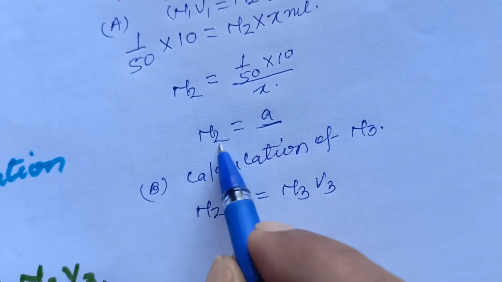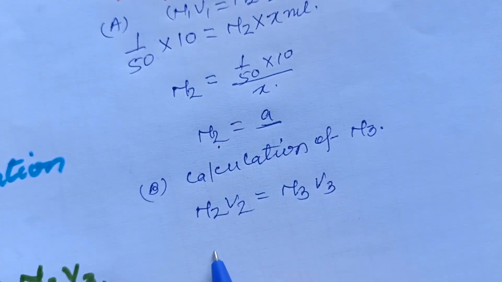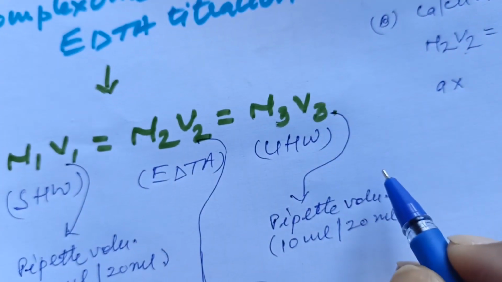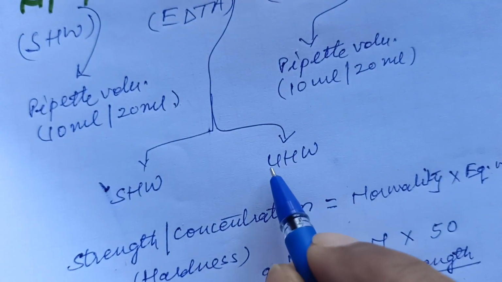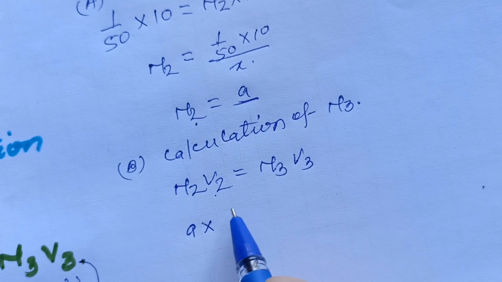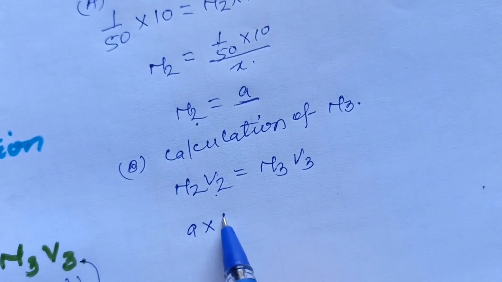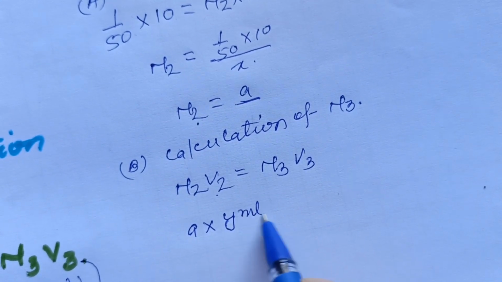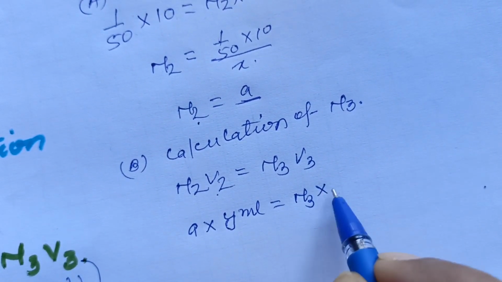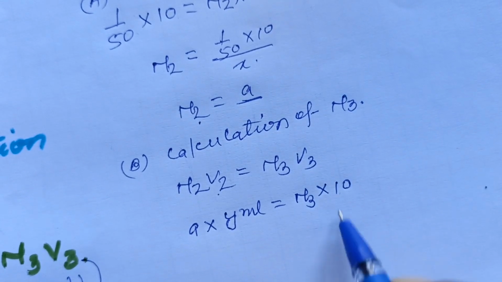So we have N2 from the first step, A, multiplied by V2. Now V2 is the volume of EDTA solution for this unknown hard water sample. Suppose V2 is Y ml, equals N3 to be calculated, and V3 of course 10 ml or 20 ml.